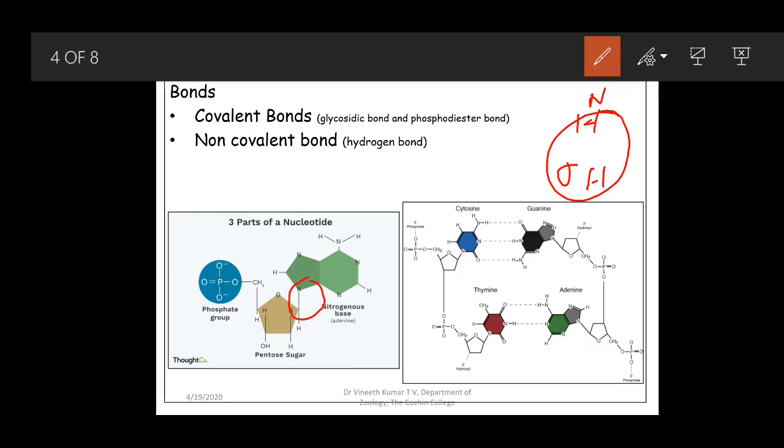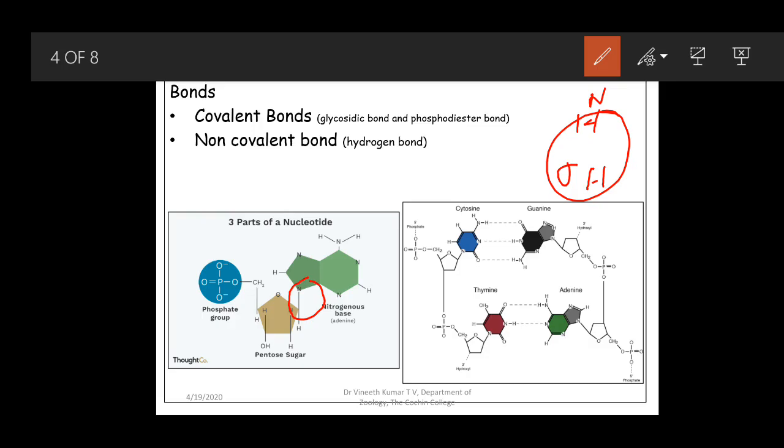This 5' hydroxyl group forms an ester bond with phosphoric acid, because you have an OH, the alcoholic group, from the 5' carbon of the ribose. A bond formed between an acid and an alcoholic group is usually considered an ester.